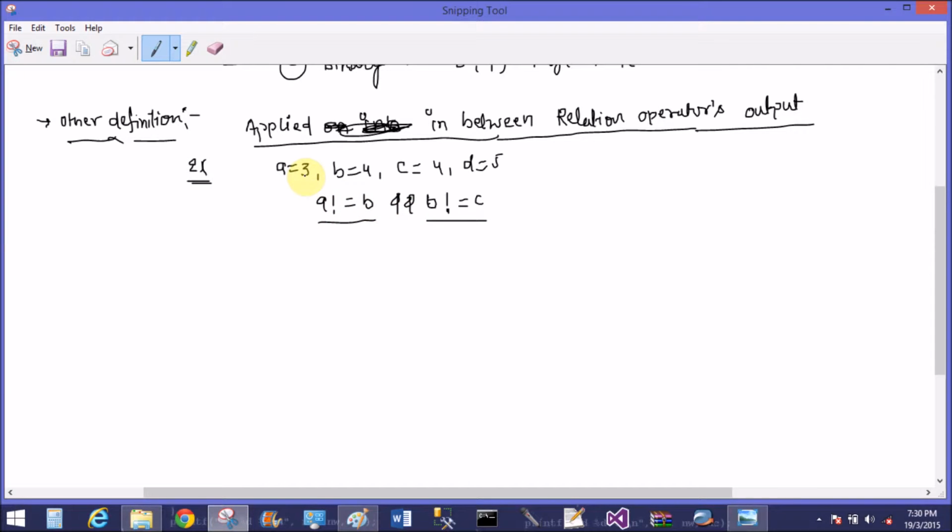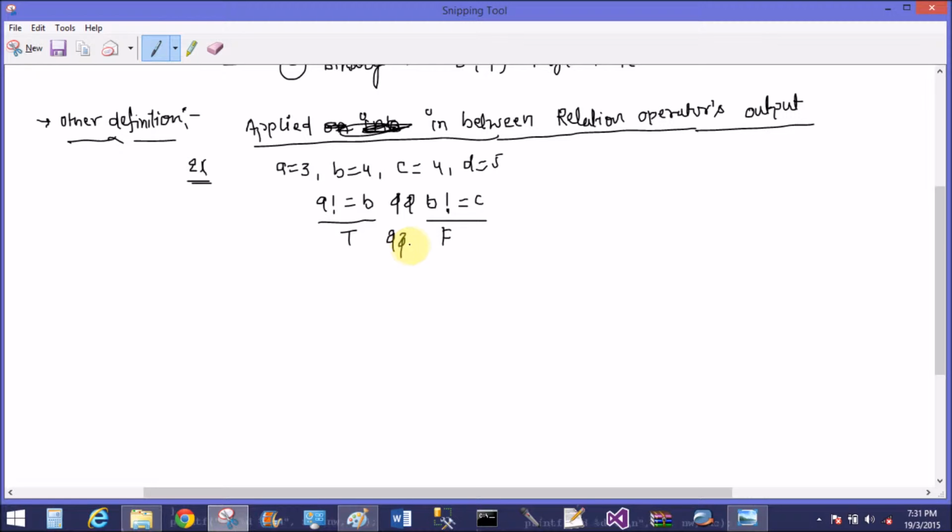So a is not equals to b, that means true. B is not equals to c, so it's false, because b and c are equal. So according to the conditions it gives false, and double and operator gives false as output.